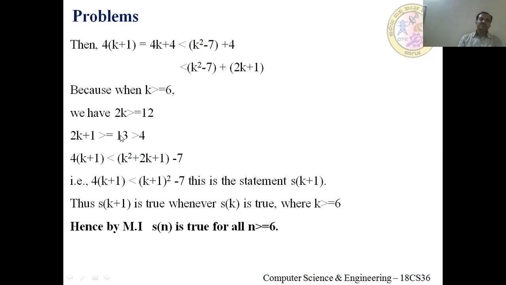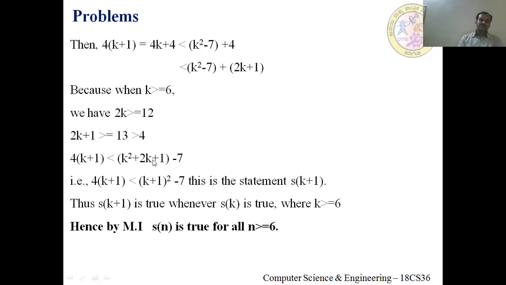Now upon simplification, we get k square plus 2k plus 1 minus 7.